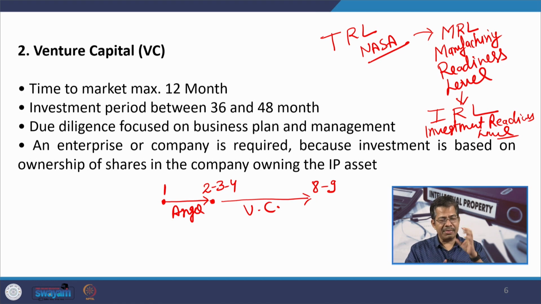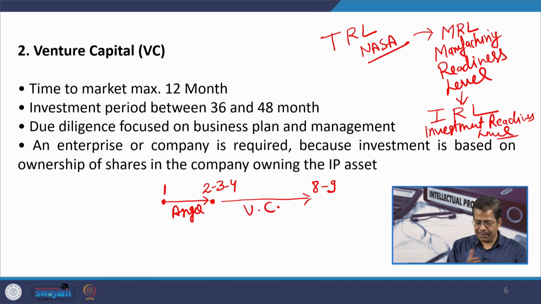When investment readiness level is low, those who are supporting and funding you are known as angel investors, and because of the angel investors' role, you will be improving the TRL, and it will now be an investable proposal, an investable technology from a VC's point of view, because you have improved the IRL.